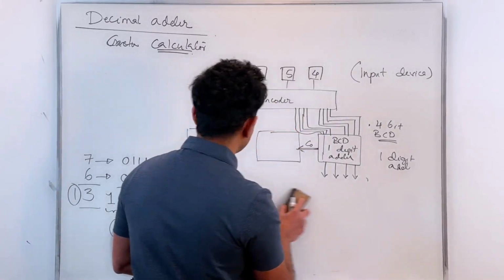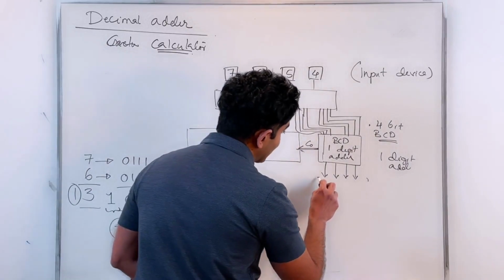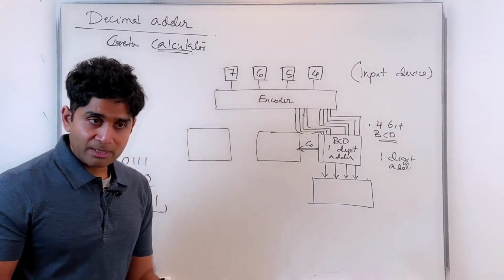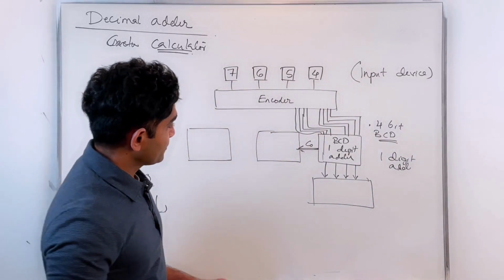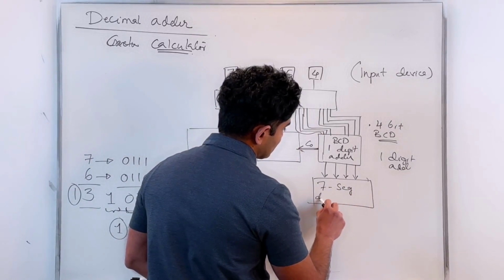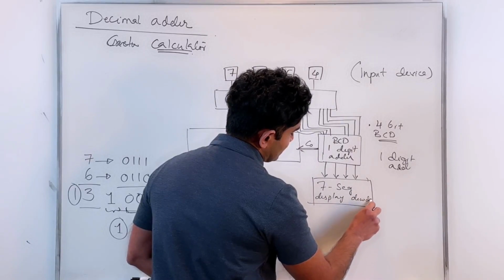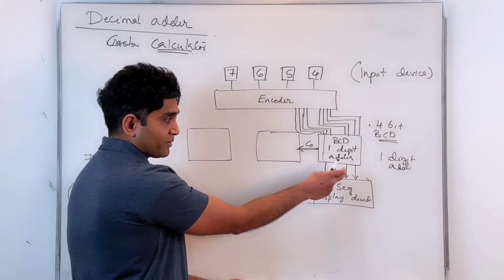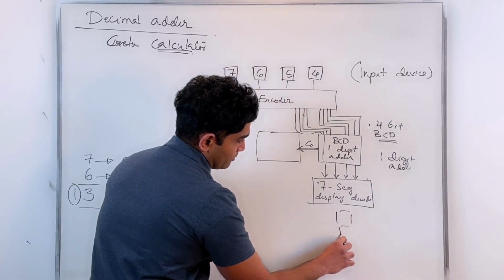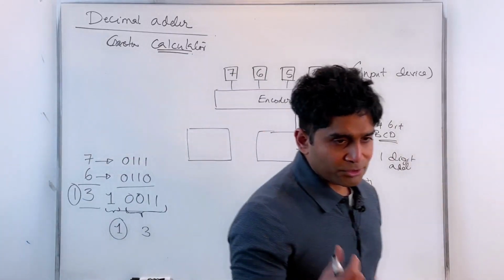For each of my binary coded decimal adders, I also need a 7-segment display decoder, because ultimately we want to display the sum as a decimal digit, right? That's a 7-segment display decoder. We know how to design that. It will convert your binary coded decimal sum into a proper decimal digit format.